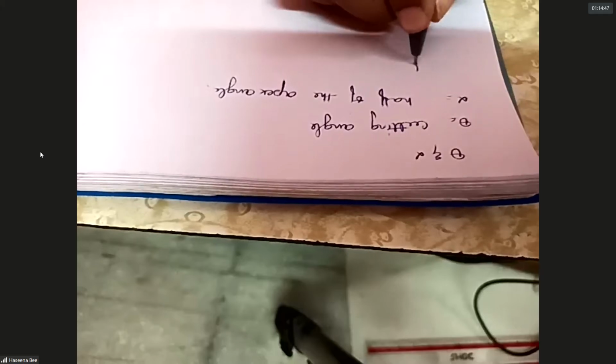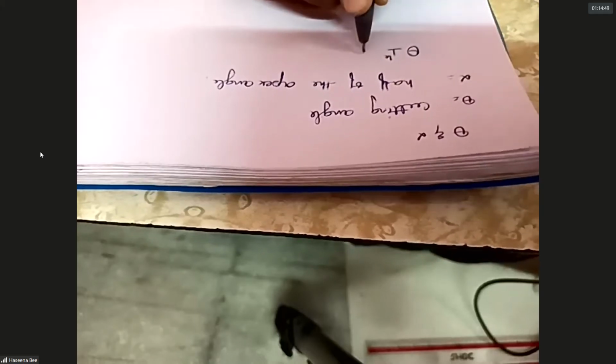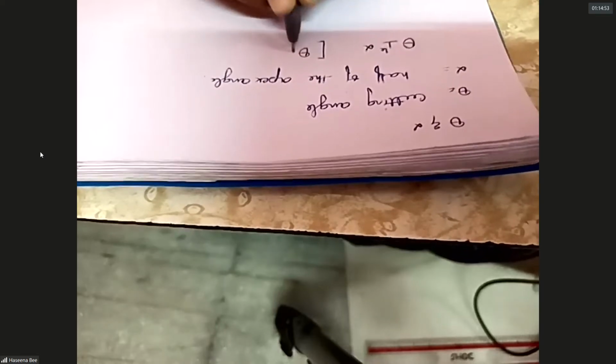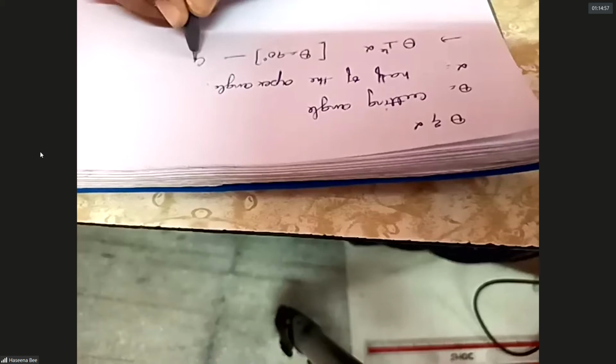If theta is perpendicular to the axis, that is, theta is equal to 90 degrees, then the curve formed is known as a circle. If theta is greater than alpha, the curve formed is an ellipse.